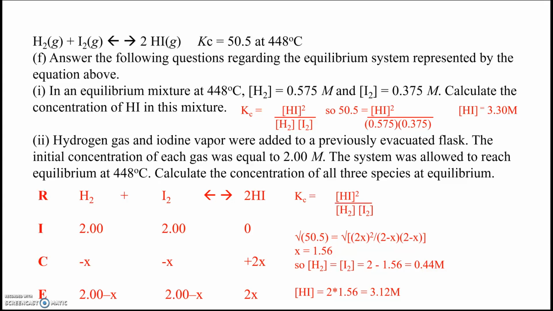So when we fill all of this into our equilibrium expression, we get that the value of HI turns out to be 3.12 molar. Because when we solve for x, it becomes 0.44. So our equilibrium concentration of H2 and I2 would be 2 minus that, and HI is 3.12 molar.